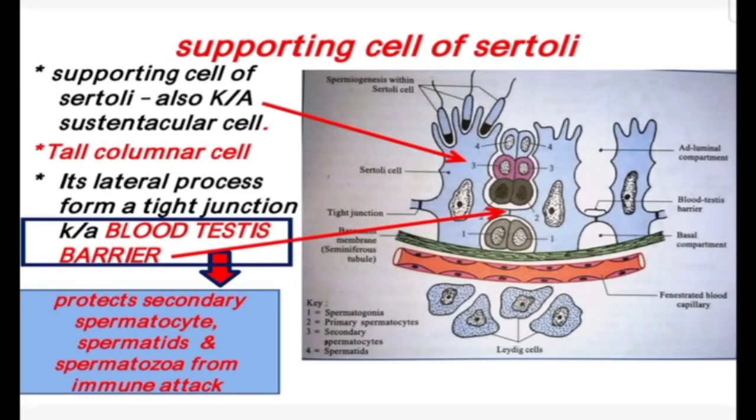Due to their close association with spermatogenic cells, the lateral margins of Sertoli cells are irregular and cannot easily be distinguished under the light microscope. Each sustentacular cell has a large pale staining euchromatic nucleus, which is located in the basal portion of the cell.